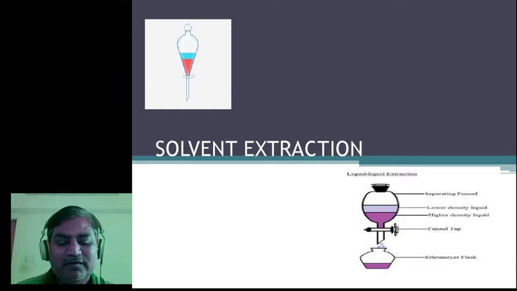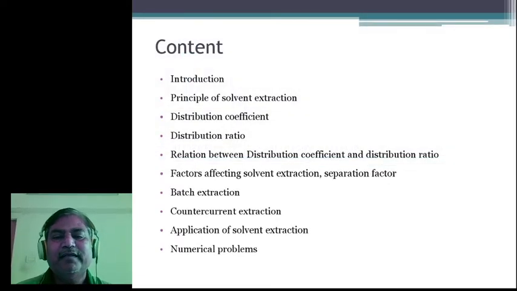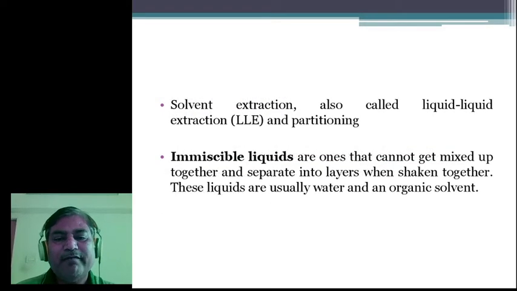In solvent extraction, we are taking two liquids having different densities as well as both being immiscible liquids, and they always form two different layers whenever they are taken in a separatory funnel.